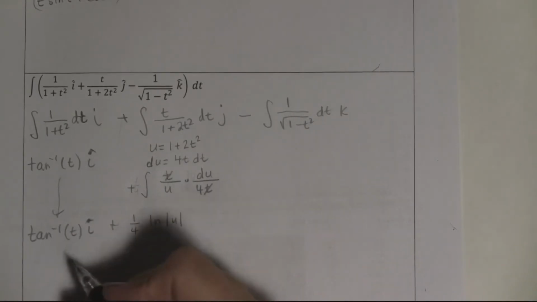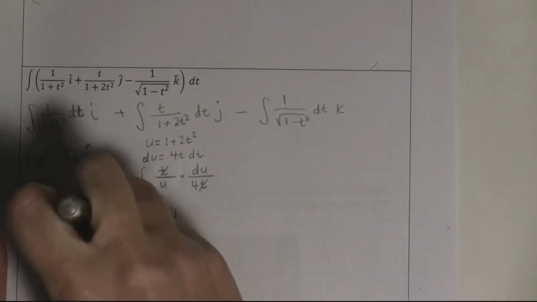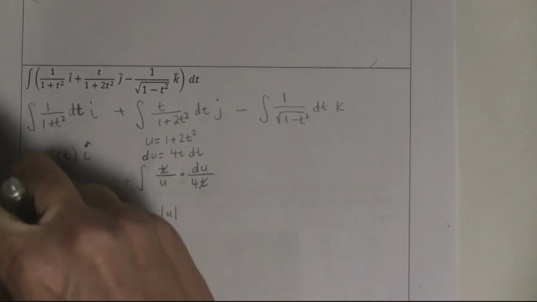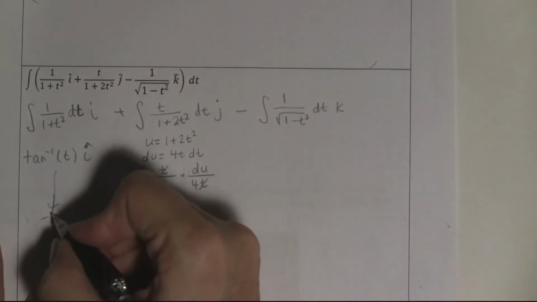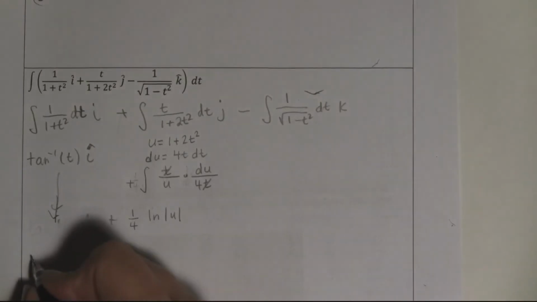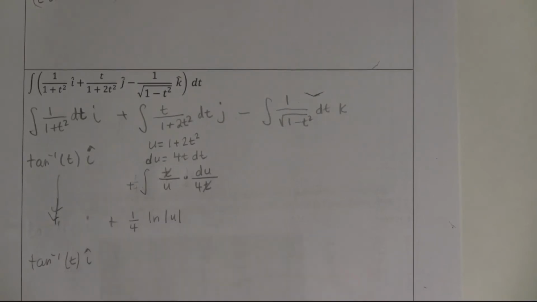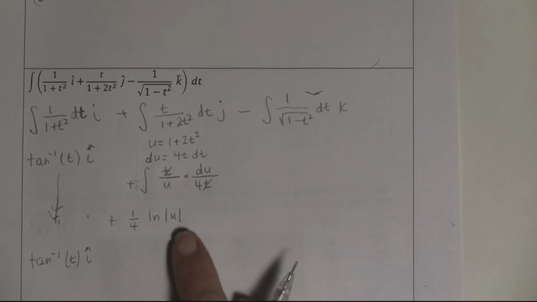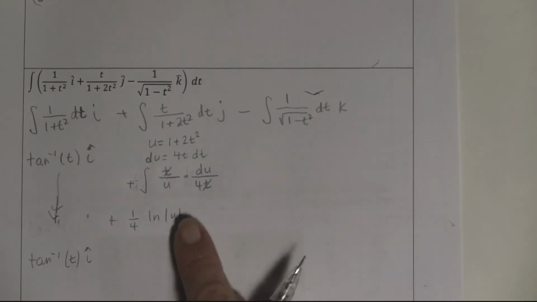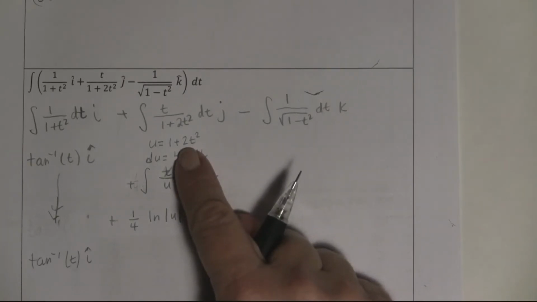This is what I mean by, I wish I had brought this down a little bit further. Maybe I'll make my arrow a little longer, because I like them to line up. It's not a big deal, but putting it all together at the end would probably be better. And so I'm bringing that down. But remember that u is equal to 1 plus 2t squared.